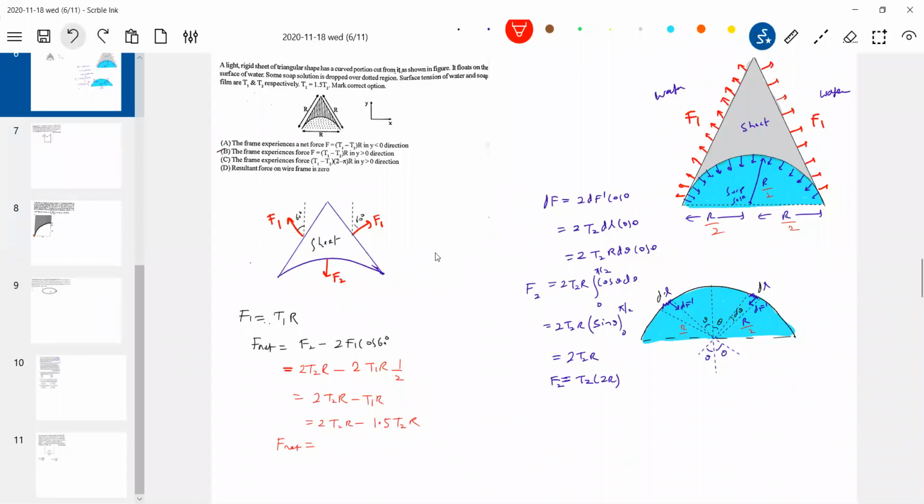I'll bring small r so that it'll be easy for us to think. Replacement will be easy for us. Small r is equal to R by 2. Yes. Fine.